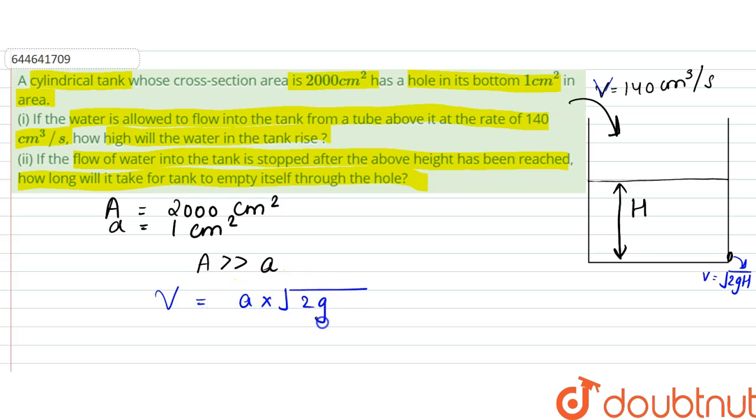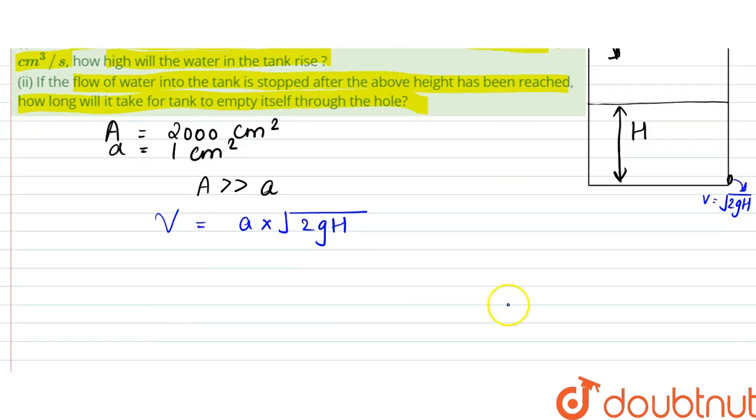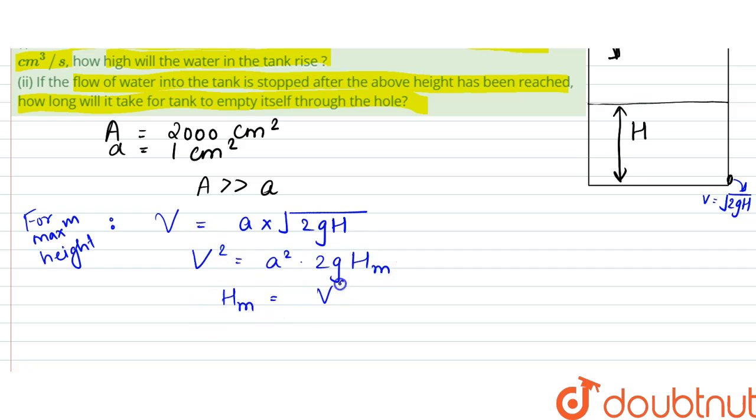For maximum height, we could say that V square is equal to a square into 2g h max. So h maximum would be equal to V square by 2g a square.